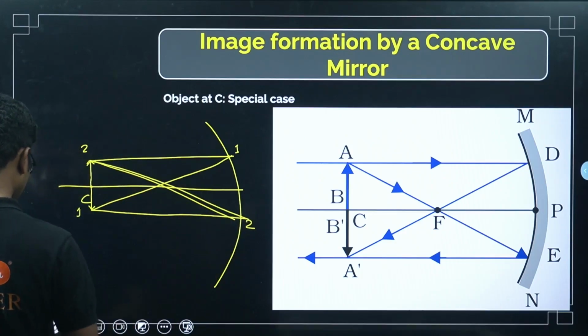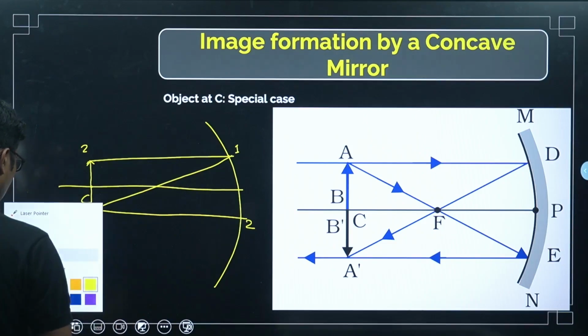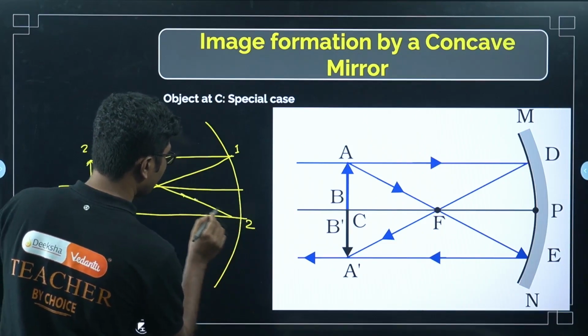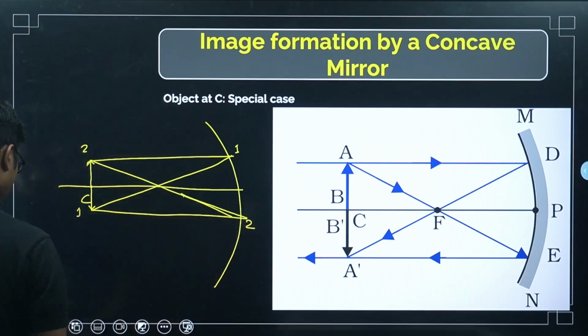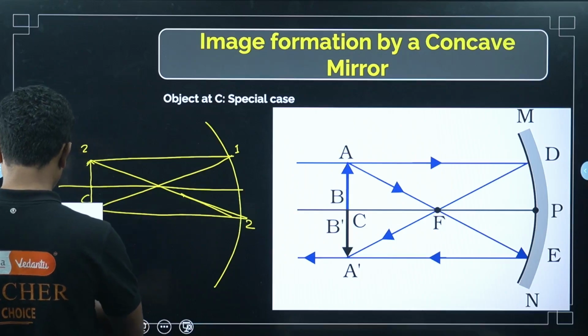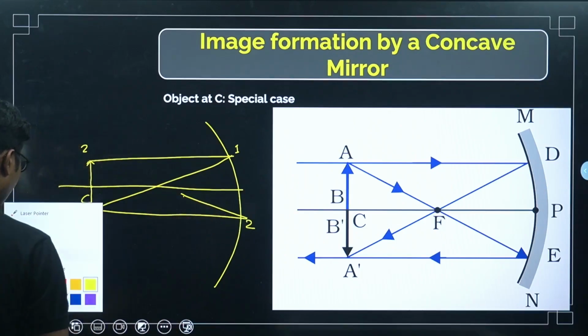Now if you see, more than once, what will happen? These 2 rays will not pass through this point. Sometimes they will intersect slightly up, sometimes slightly below. So what you have to do in that case?